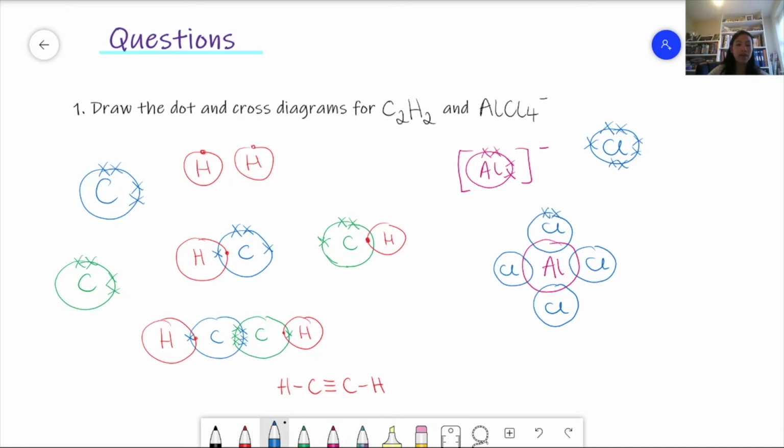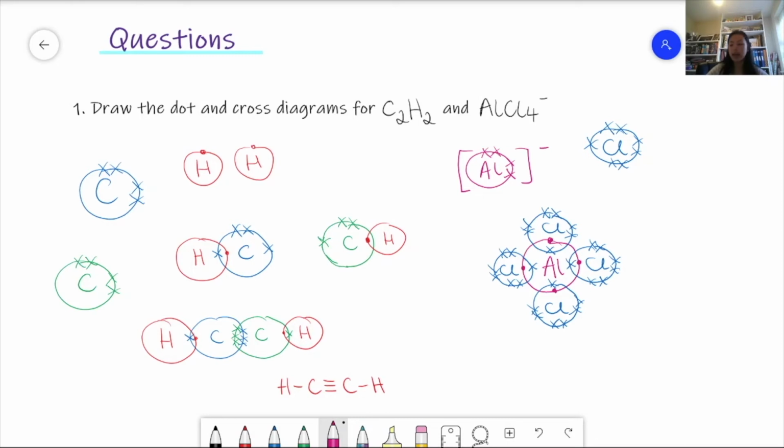So we have the 7. We have 1 here, so 1, 2, 3, 4, 5, 6. And that's the same for all the chlorines. And then for the aluminium ion, it has 4 electrons, so 1 goes to each of the chlorines. So there are 4 bonding pairs, and they are all single bonds.